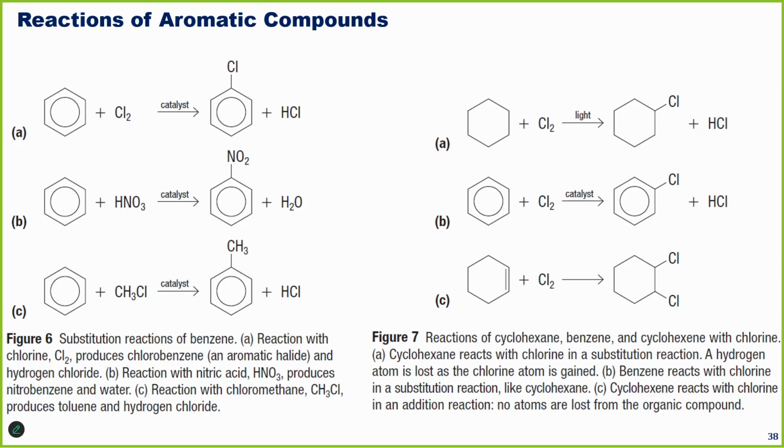Reaction A is a reaction with chlorine, Cl2. That'll produce chlorobenzene, which is an aromatic halide, and hydrogen chloride. B, reaction with nitric acid, HNO3, which produces nitrobenzene and water.